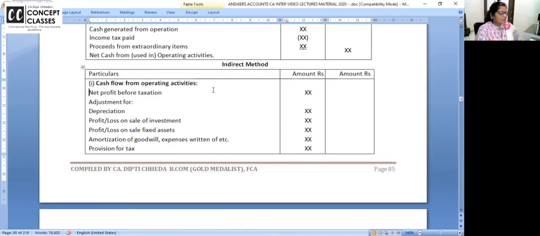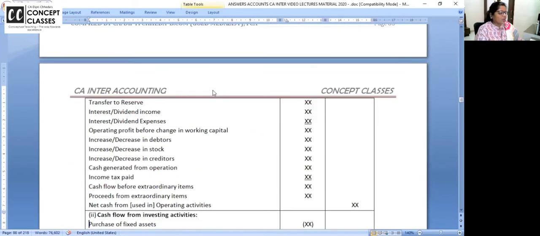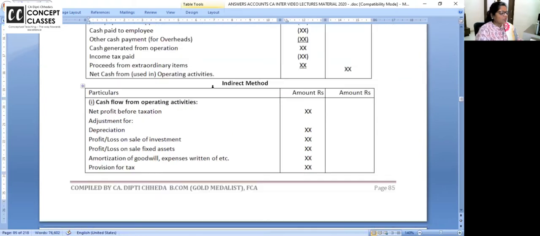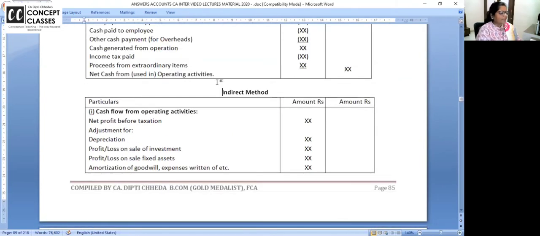They are starting with net profit and we are doing some add and less. Now, to explain why we should do add and less, this format will not work. I want to make one table here. I hope all of you are having your booster notes. There you can add one example. I'm making an example for all of you to make it clear.